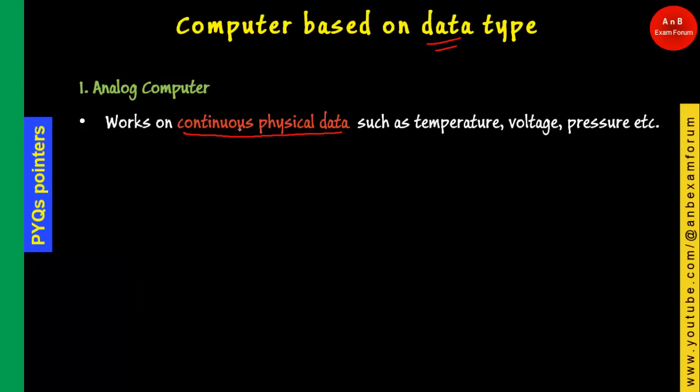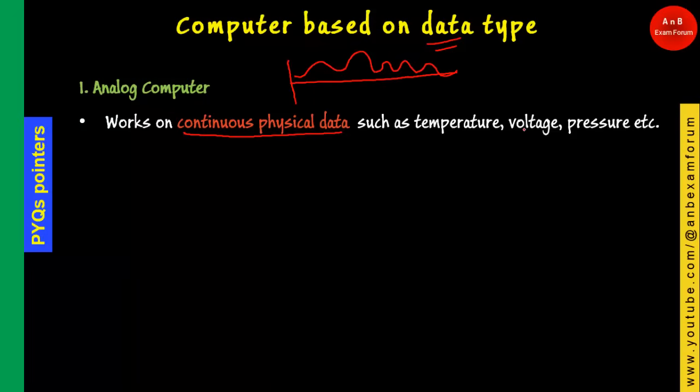How can you see that? As a temperature, as a voltage, as a pressure. If the physical quantity is temperature, this data is varying continuously, so in that way it is a continuous physical data.